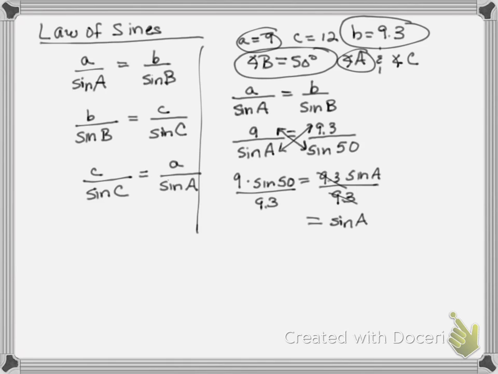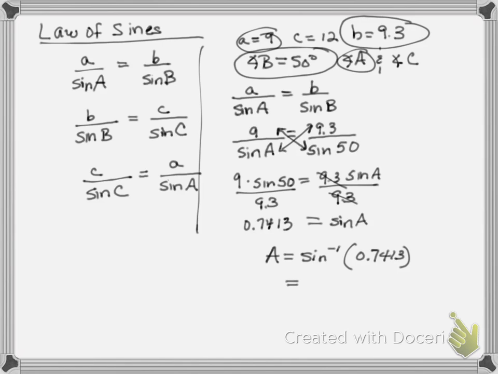If I punch it into my calculator, or I can use my cell phone to get this, I should get 0.7413. We'll do 4 decimal places. Remember, to find A from the sine of A, you have to take the inverse sine. So A is equal to the inverse sine of 0.7413.